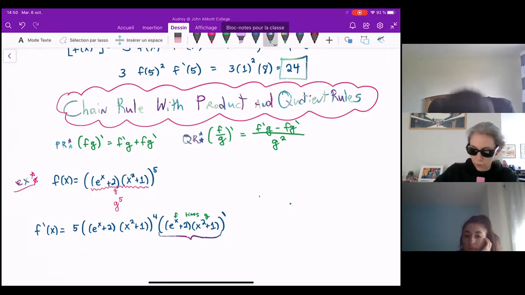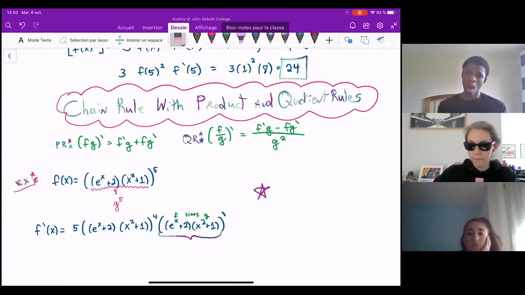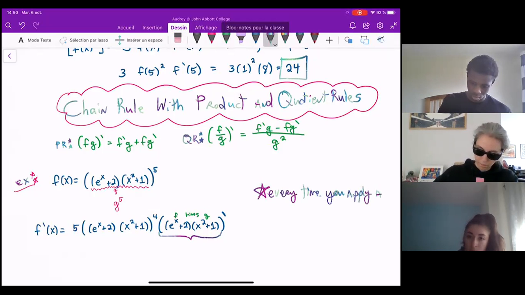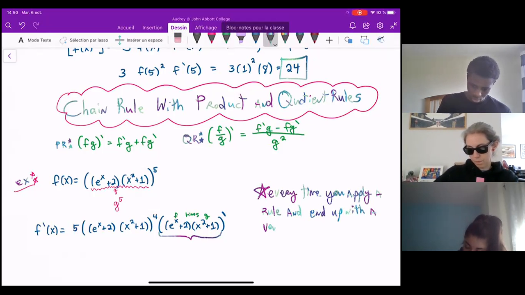So we're going to make a little note on the side. Every time you apply a rule and end up with a new prime, we want to treat it as if it's the original derivative.